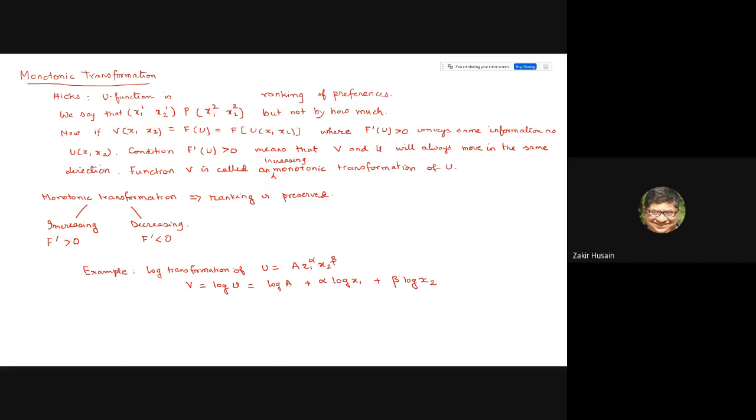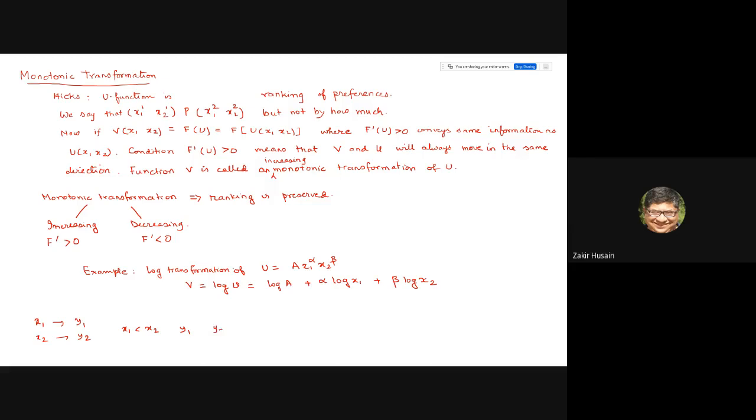Suppose I give x1, and there is a corresponding y1; I give x2, and there is a corresponding y2. Let us suppose it's a positive relation.